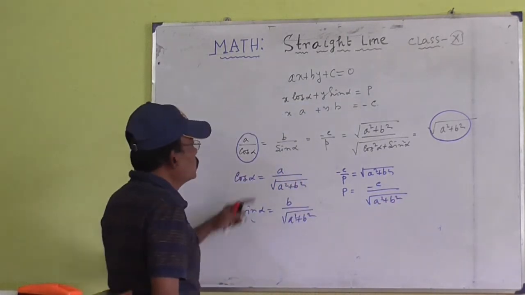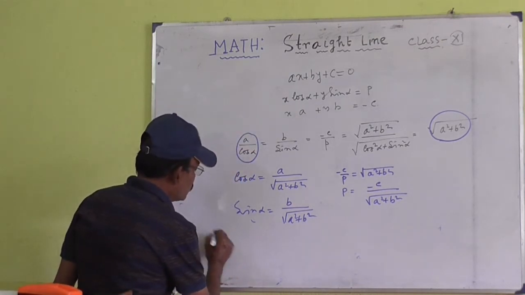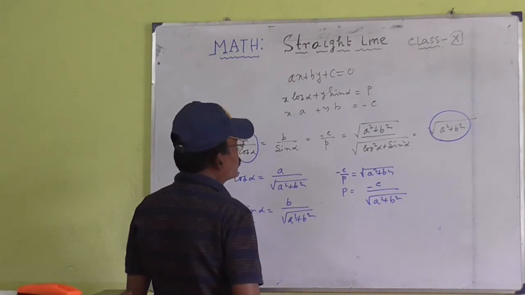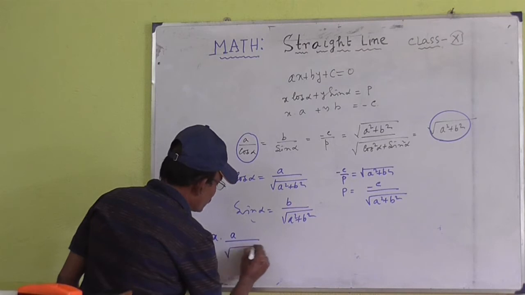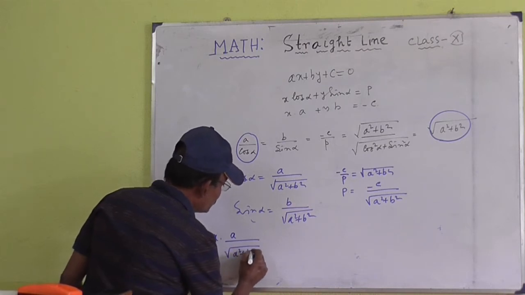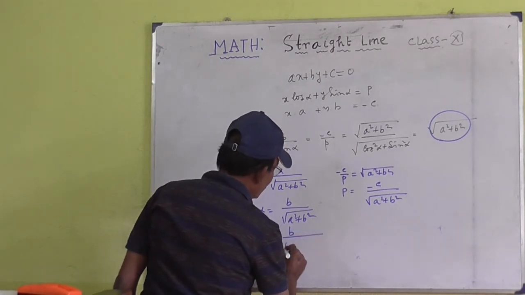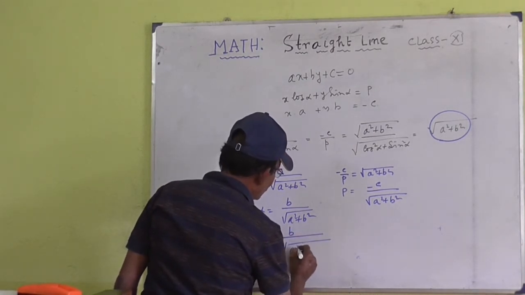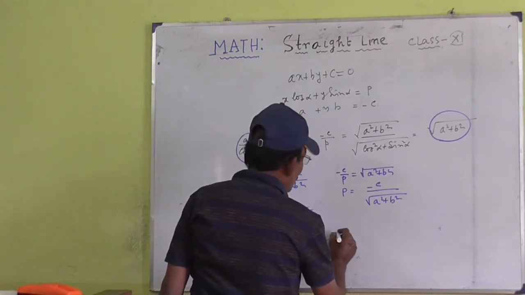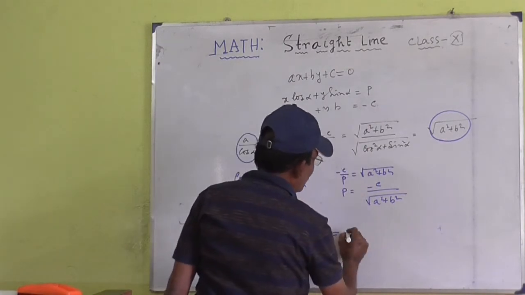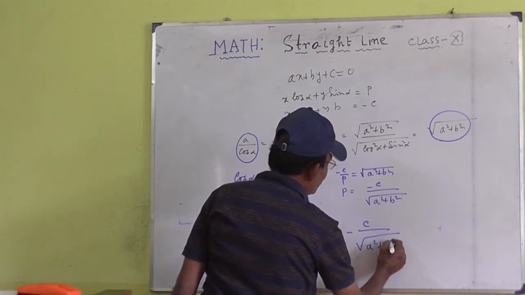Clear? So x cos alpha means A by root over A square plus B square, plus y into B by root over A square plus B square, equals P, means minus C by root over A square plus B square.